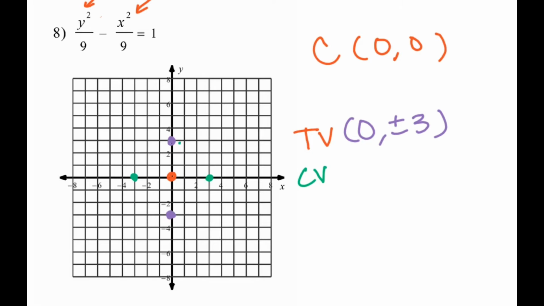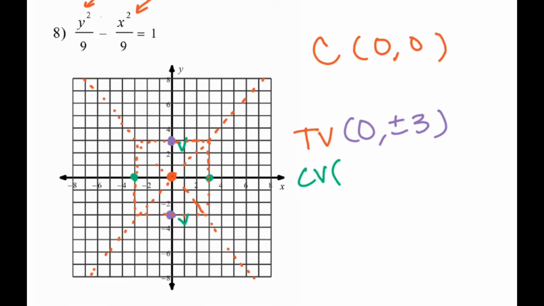So I'm going to label this as a vertex and this is a vertex. That's where my hyperbola is going to go out from when I get to that point. Right now I'm going to make my little rectangle, and then I'm going to draw my diagonals. And then, let me label my vertices.